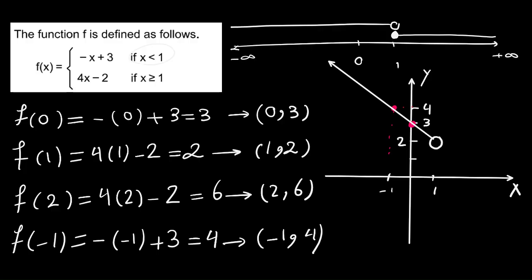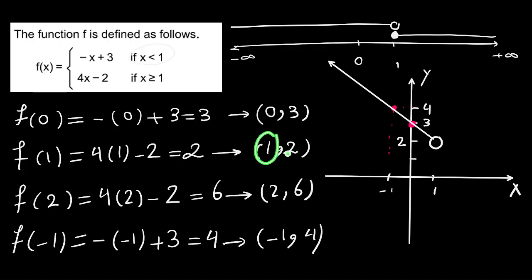Now there is another segment for this function, for x equal to 1 and greater than 1, and again this part also is a linear function because the exponent of x is 1, exponent of y or f of x is 1. And again we can sketch a line with just 2 points on the graph.